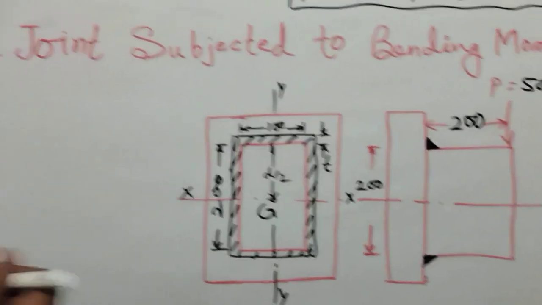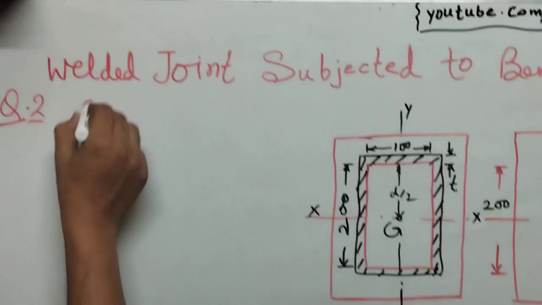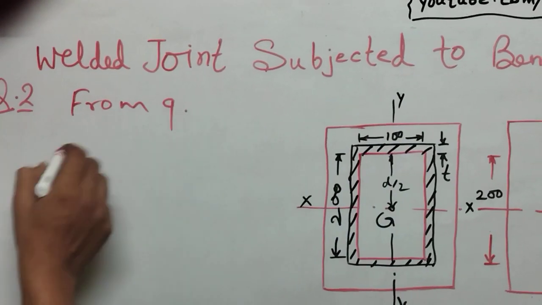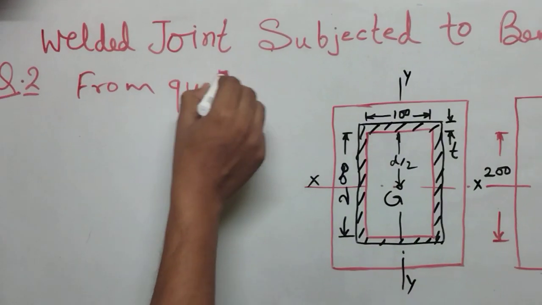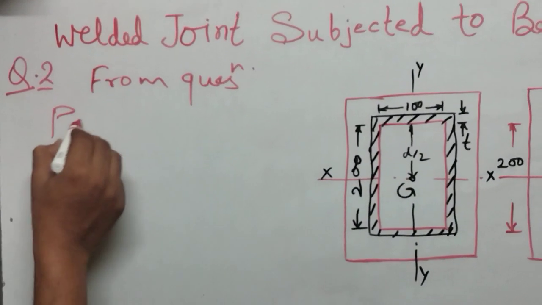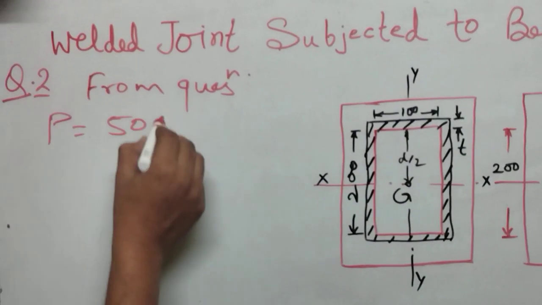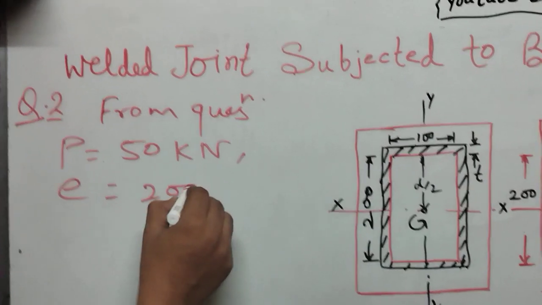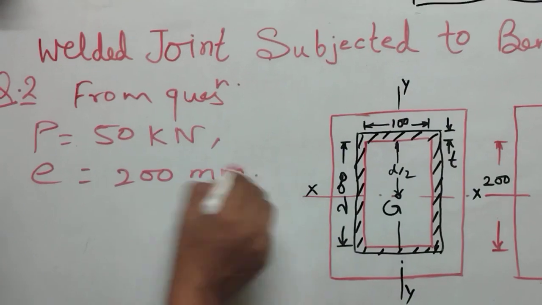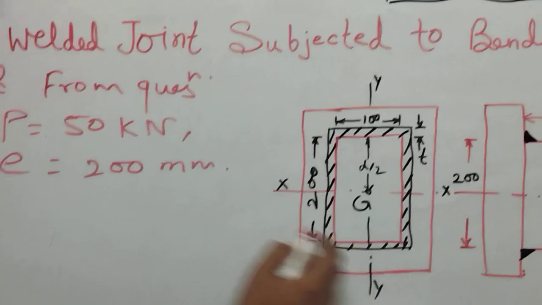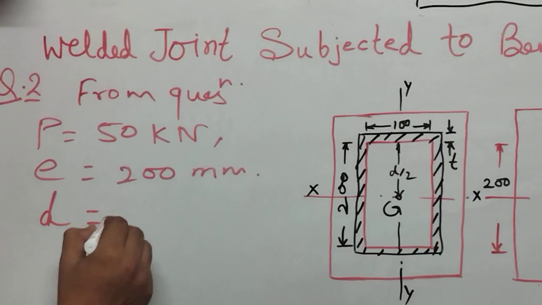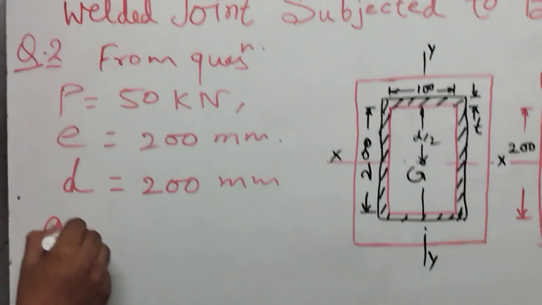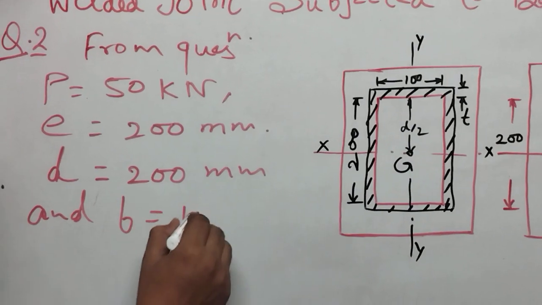Therefore, from the question we have the applied load 50 kilonewton at a distance of 200 millimeter, and the bracket dimensions are D equal to 200 mm and B equal to 100 mm.